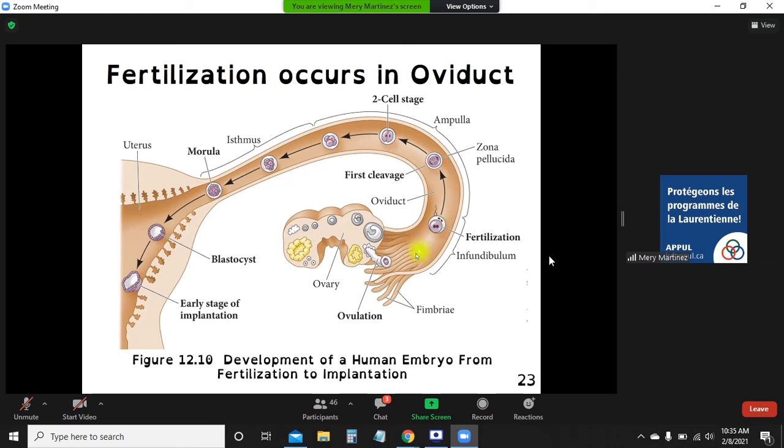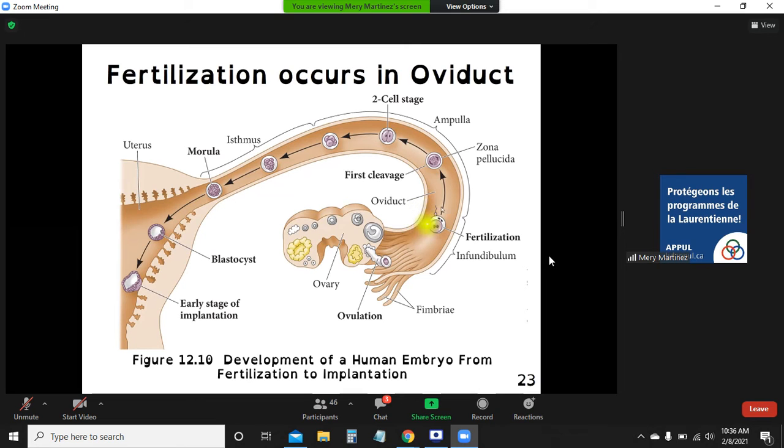And then here in the section that we call the ampulla, that is all this section here, fertilization normally occurs. If fertilization occurs elsewhere, we're most likely going to have an ectopic implantation, which normally doesn't come to fruition, right? So normally the ampulla section is where fertilization should occur, okay?